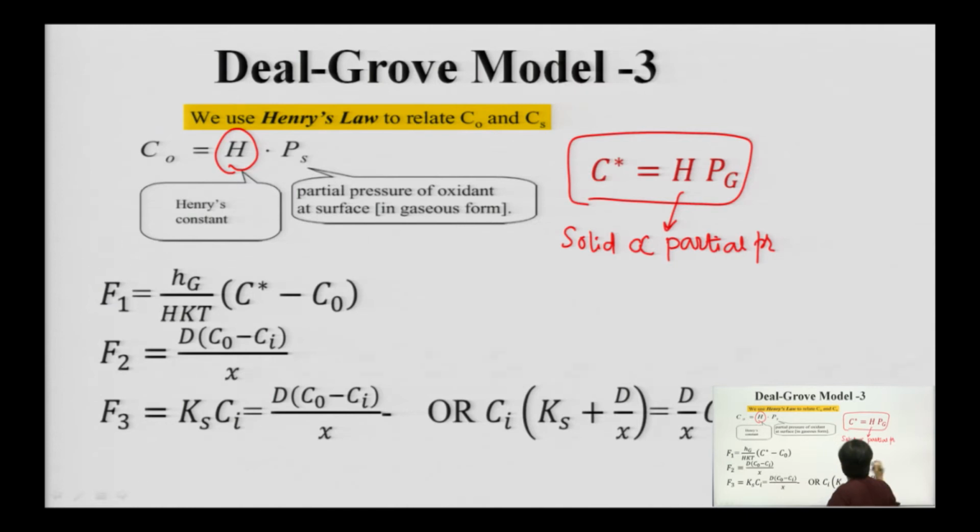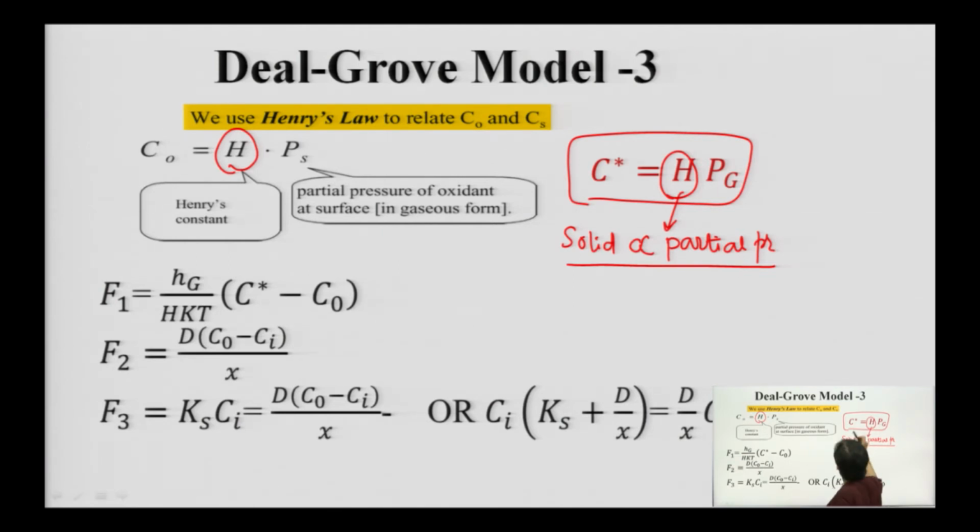So we are talking about the oxidizing species. The oxidizing species in the surrounding and the oxidizing species within the solid are equated with Henry's constant H, and this Henry's constant gives you a very substantial relationship between partial pressure and the concentration.